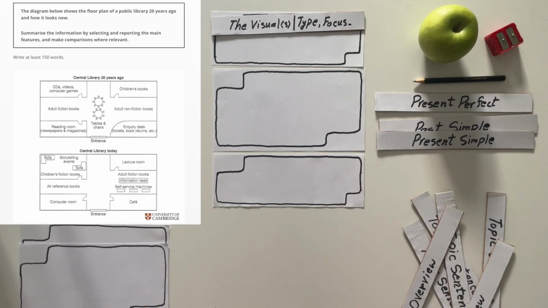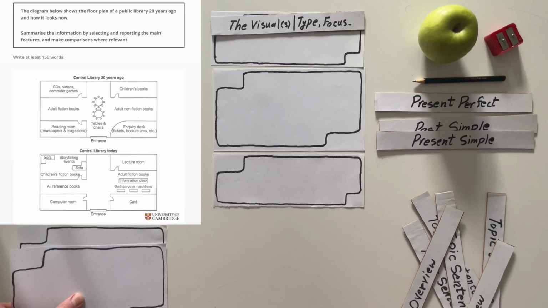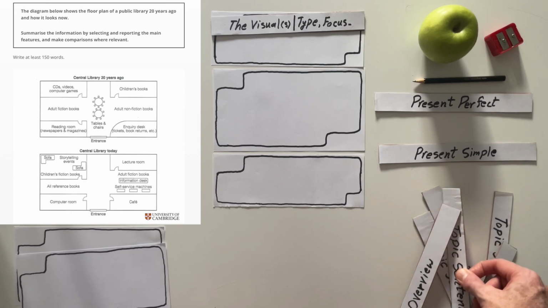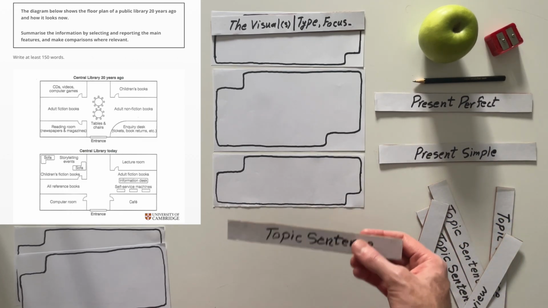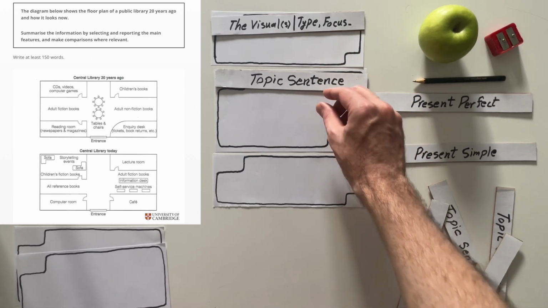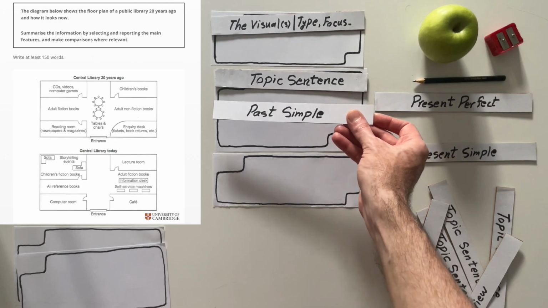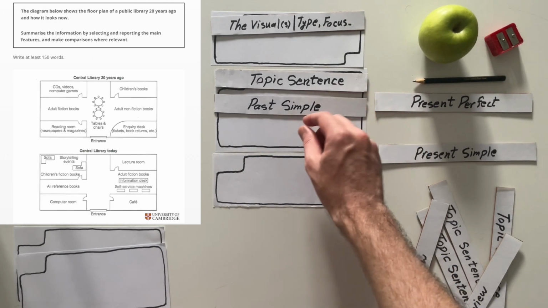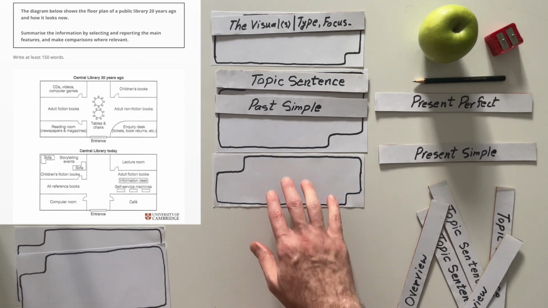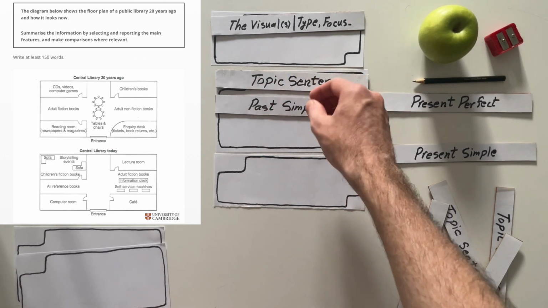One strategy would be to talk about the first plan, 20 years ago, and just report everything as it was, using past simple as my grammar, and just go ahead.